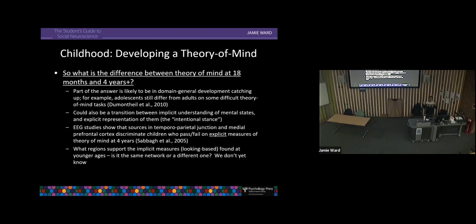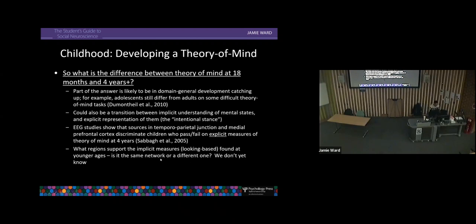So here the children are age matched, but some have reached a developmental milestone that others haven't, and you could show that there are differences in these explicit measures. So it seems that maybe these brain regions are tracking an explicit understanding of that.